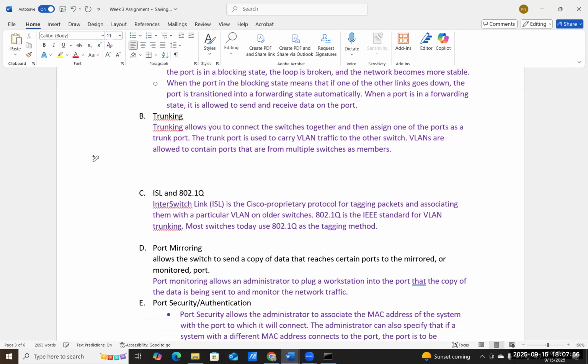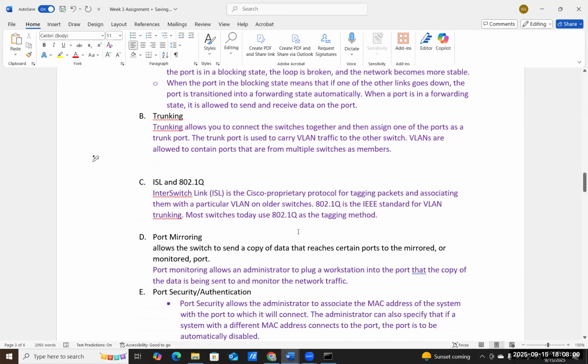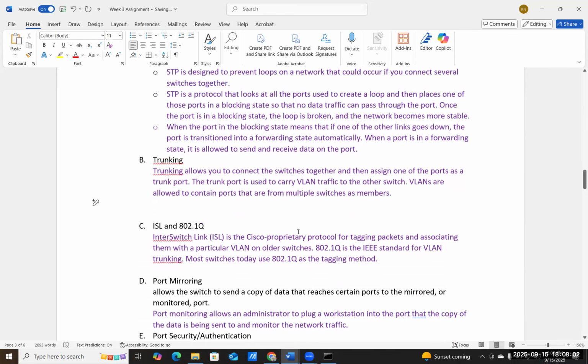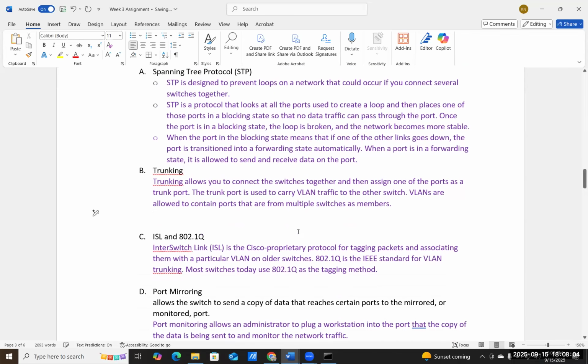Okay, so let's talk about Inter-Switch Link, your ISL, and your 802.1Q. ISL is Cisco specific. It is owned by Cisco. It is their proprietary protocol, used for tagging packets specifically for VLANs.